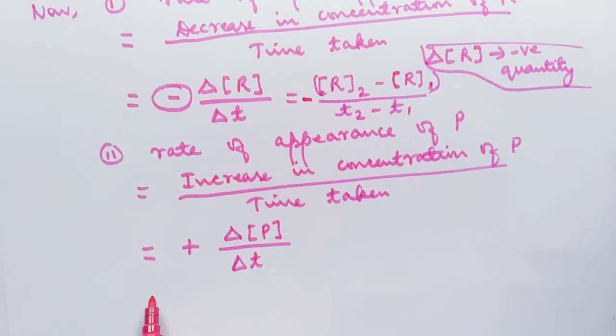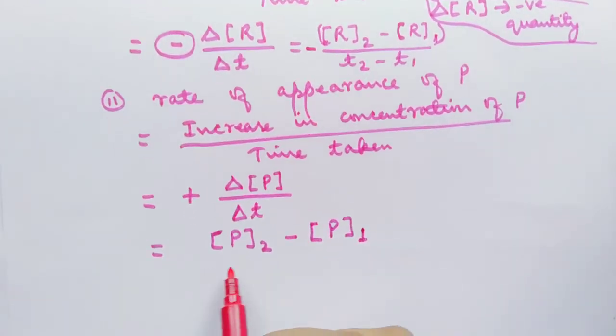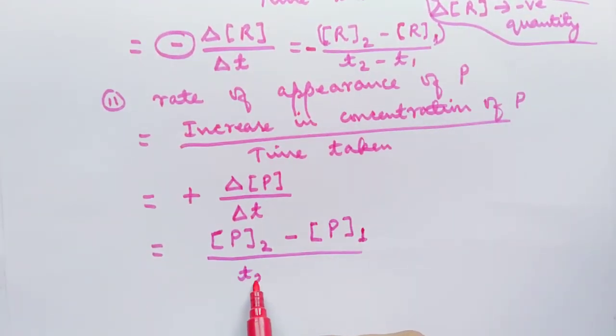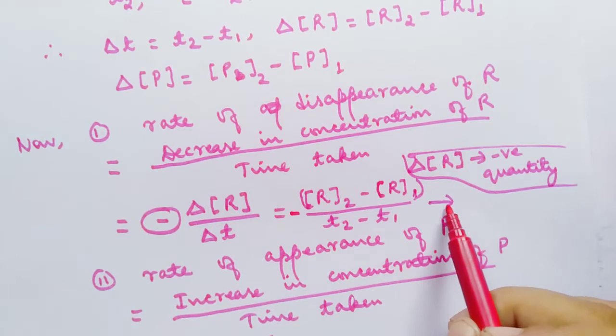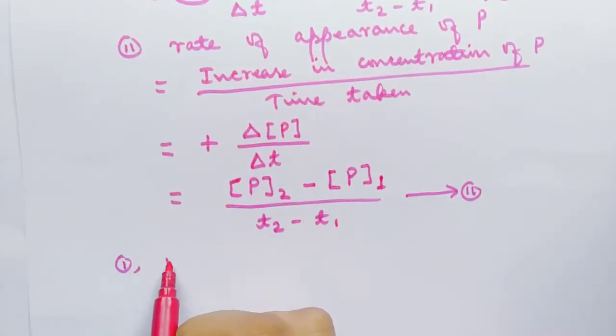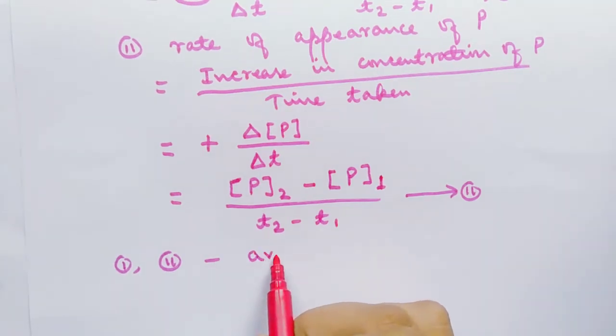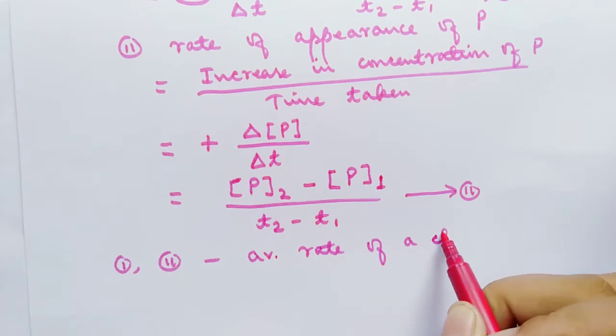And here we have concentration of the product at time T2 minus concentration of the product at time T1 divided by T2 minus T1. Equation 1 and equation 2 represent the average rate of a chemical reaction.